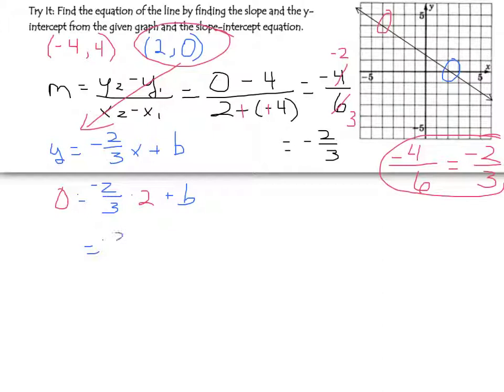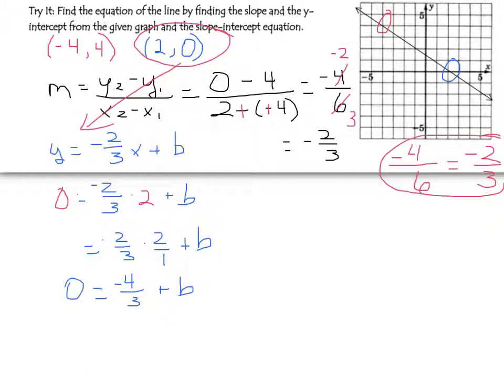So when we multiply a whole number and a fraction, we change the whole number to a fraction. And when we multiply two fractions, we multiply the numerators, and then we multiply the denominators.